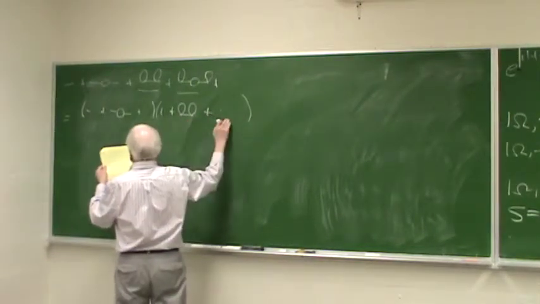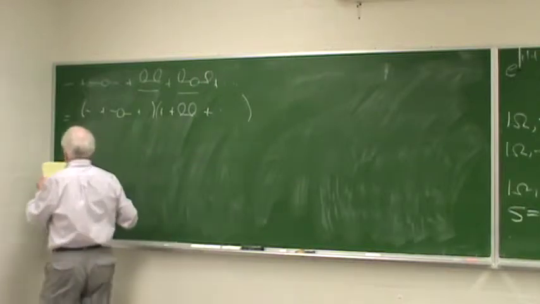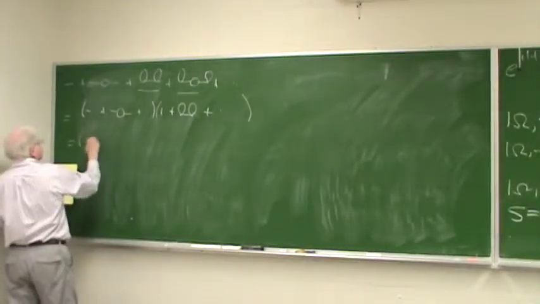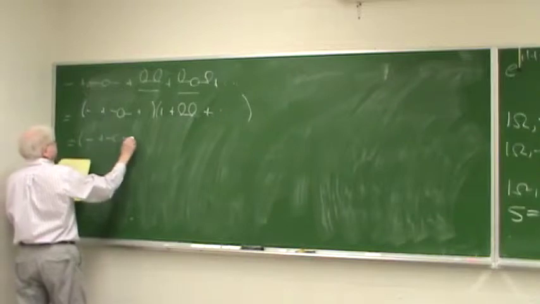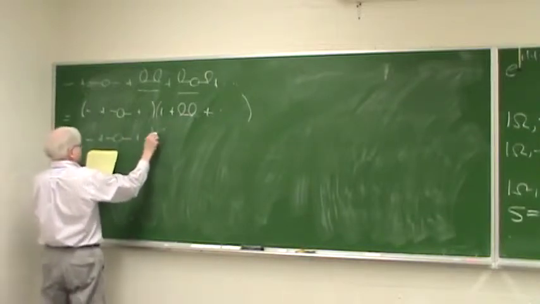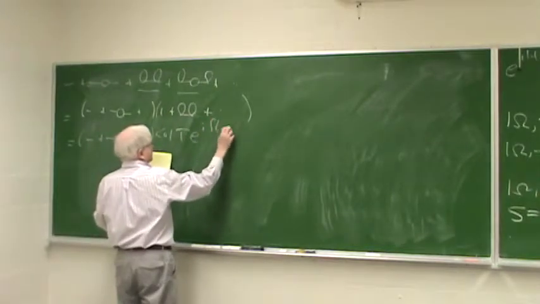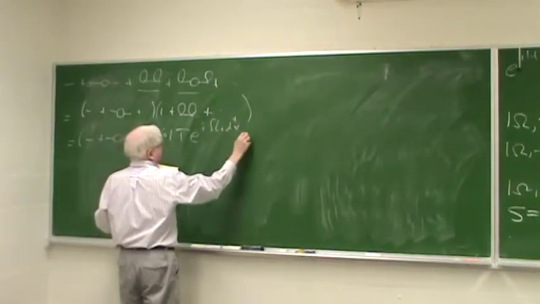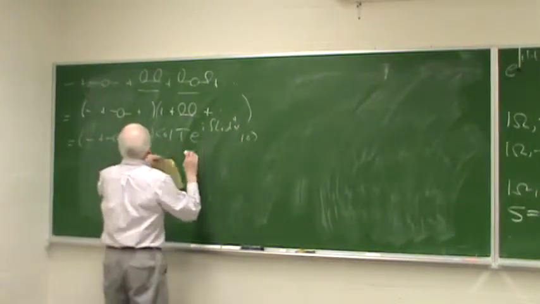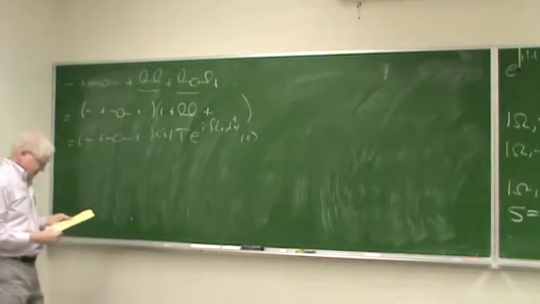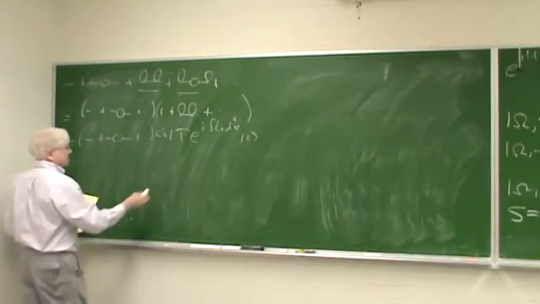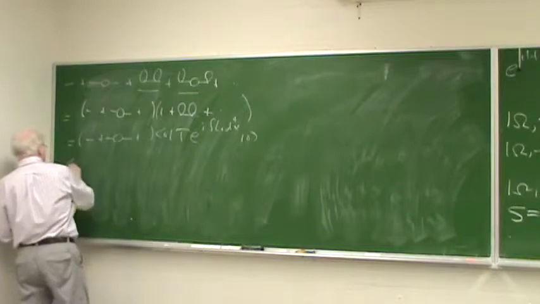So these are just bubble diagrams, and this then is the denominator.